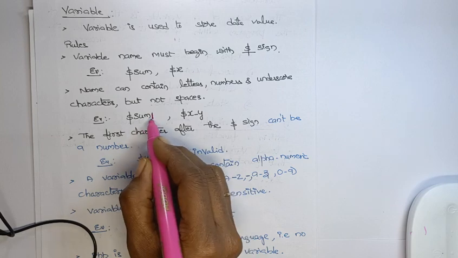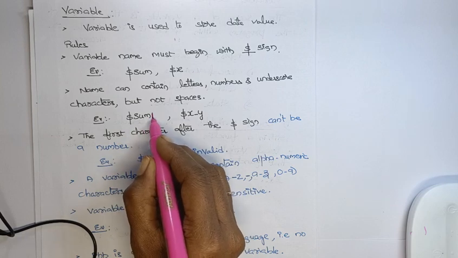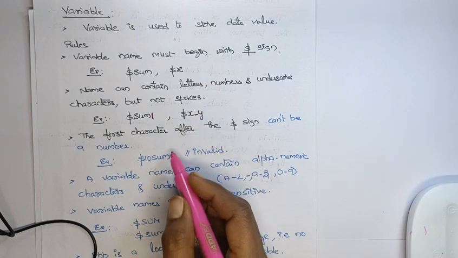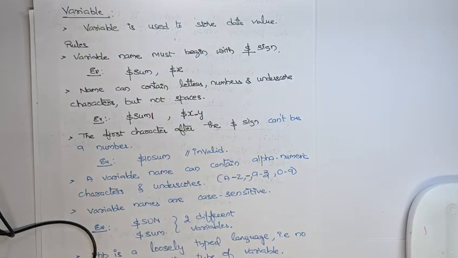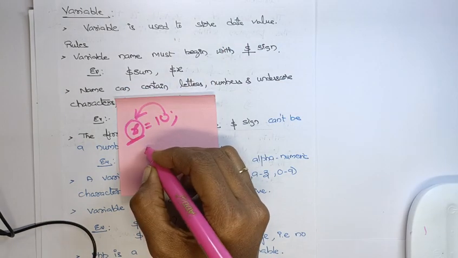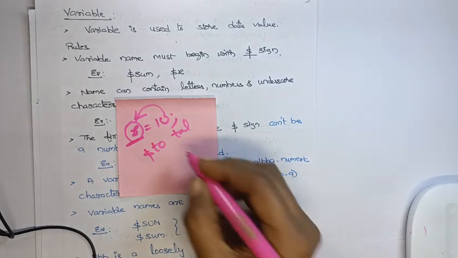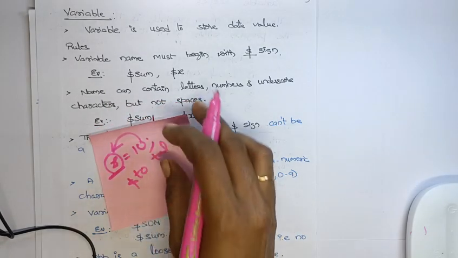Yes, a variable name can contain numbers and underscores also, but it doesn't contain any spaces. For example, you cannot write a name like $total with a space. No spaces are allowed.